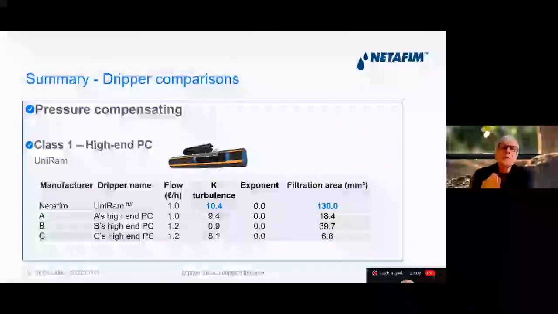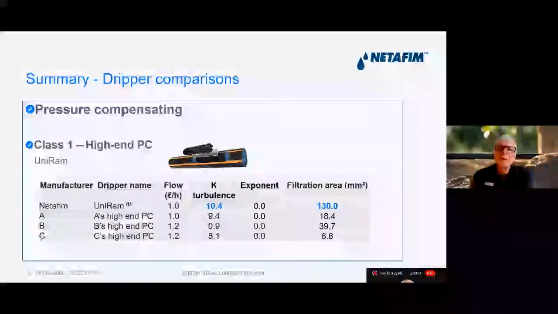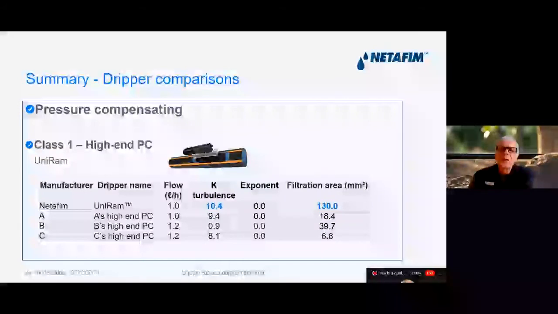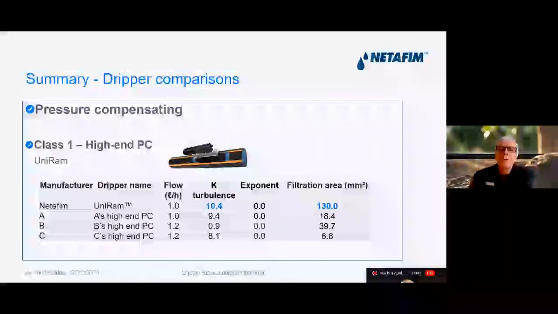Now, the exponent in non-pressure compensating drippers is always 0, so there's no point in really comparing it there. But you can see in all these instances, the UniRam in these 2 factors, the turbulence coefficient and the filtration area, exceeds that of our competitors.